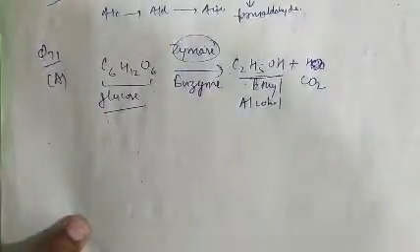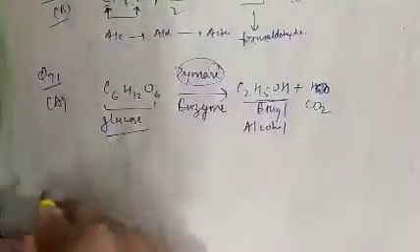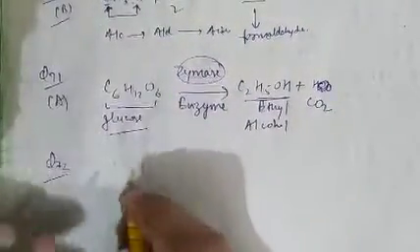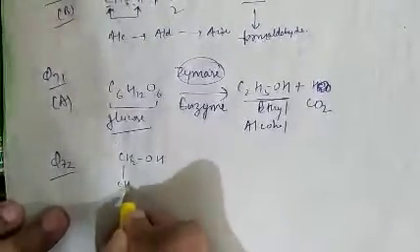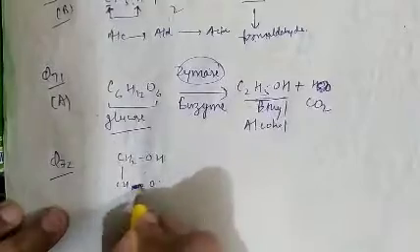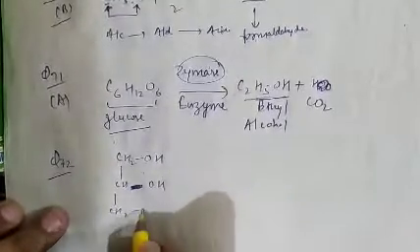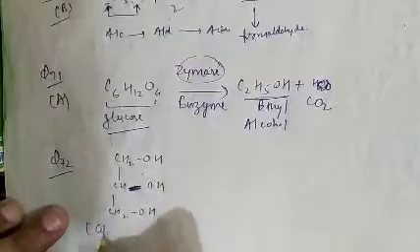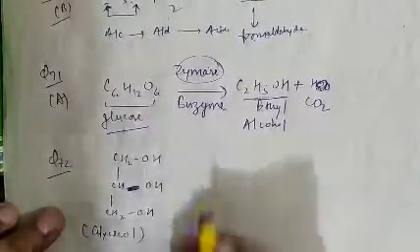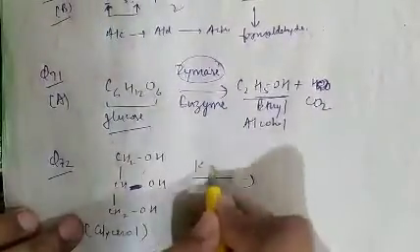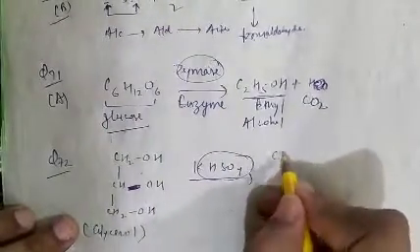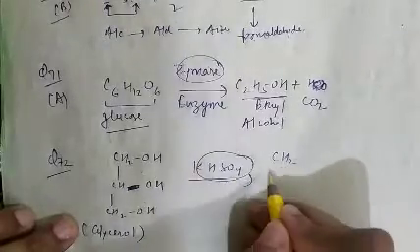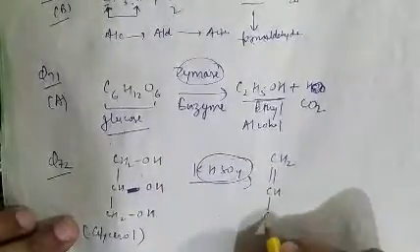See question number 72. Question number 72, again very easy question. Direct reaction we have to know. When glycerol is CH2OH, CHOH and CH2OH, this compound is called glycerol, and this is a trihydric alcohol. When it reacts with KHSO4, it forms acrolein, that is CH2 double bond CH and CHO.